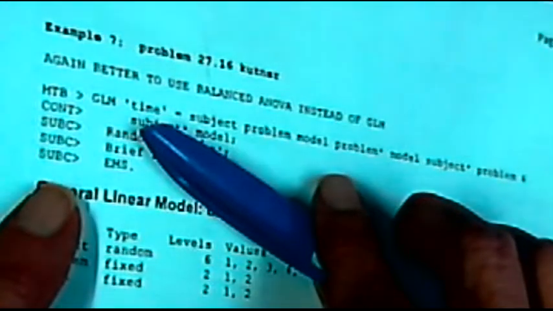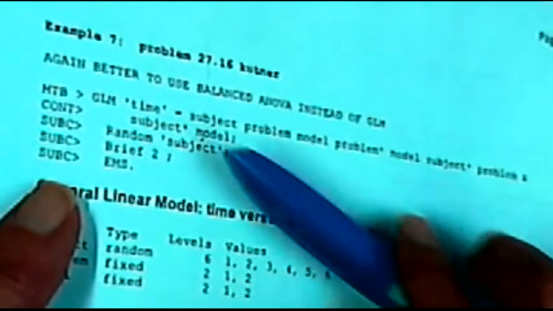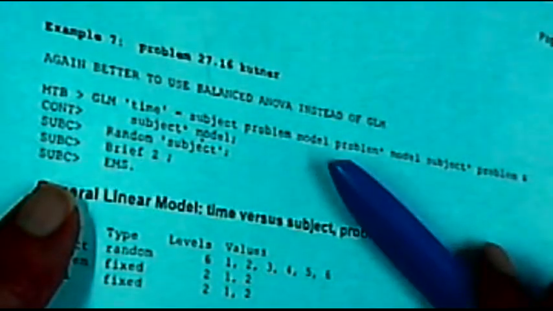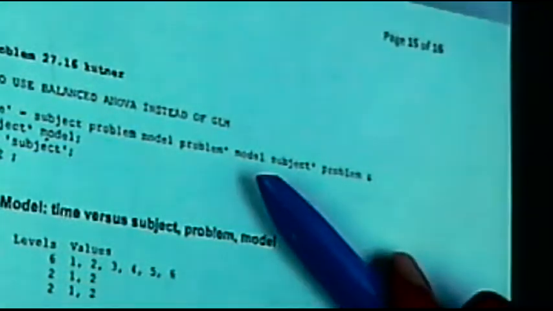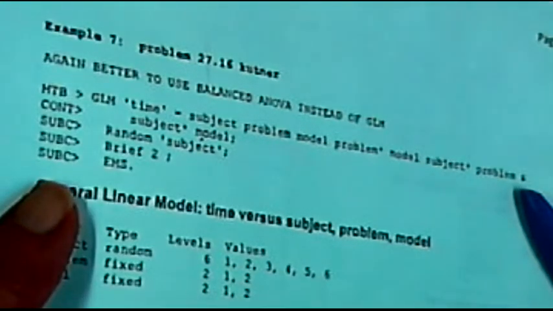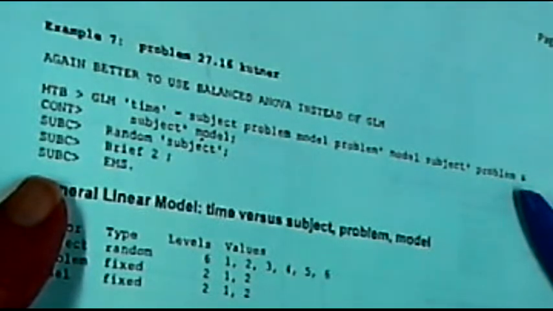GLM, time to do the problem, subject, problem, model calculator, problem by model, and an interaction, subject by problem, and this ampersand sign at the end of the line is Minitab's continuation symbol. So it just says the line continues on the next row.